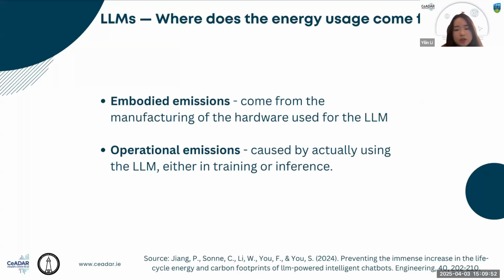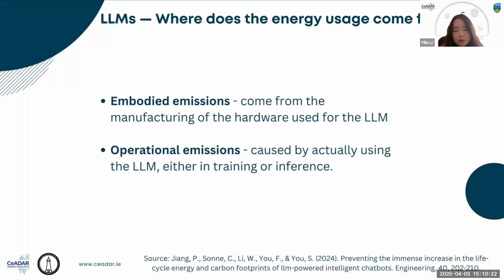The embodied emission comes from making the hardware, like the GPUs, the servers, and the cooling system. This emission happens before the model is even trained. Many reports actually skip this part, but studies show this can make up about 1/4 to 1/3 of the model's total carbon footprint. So that's also important.